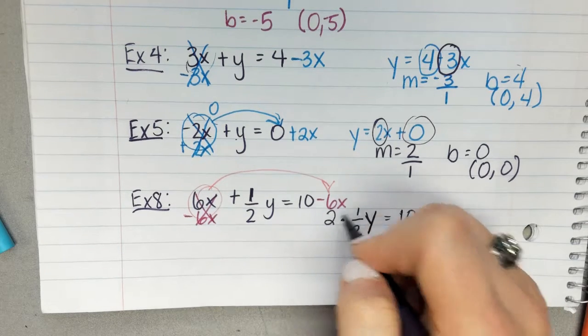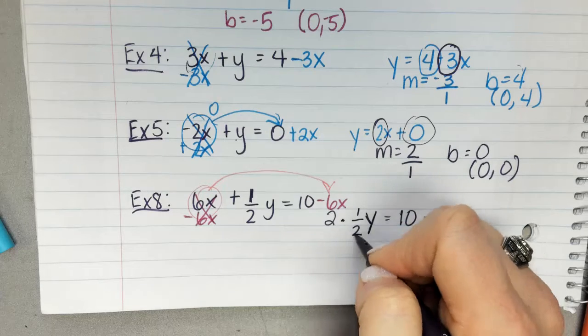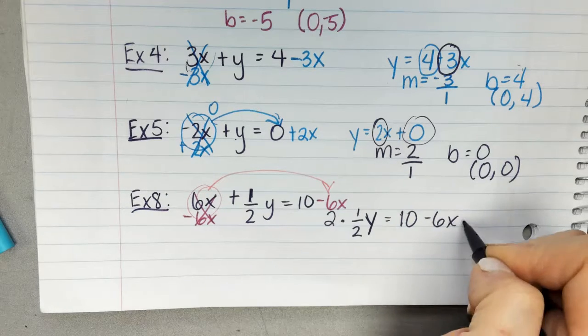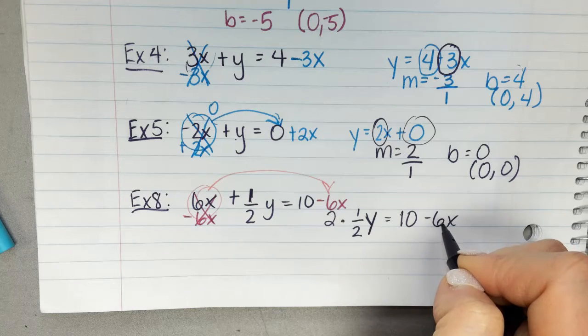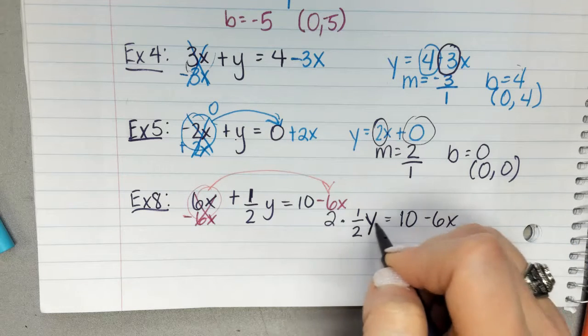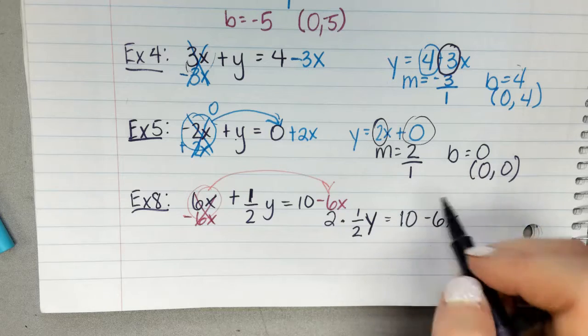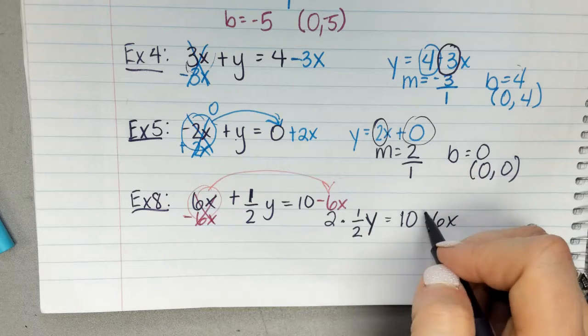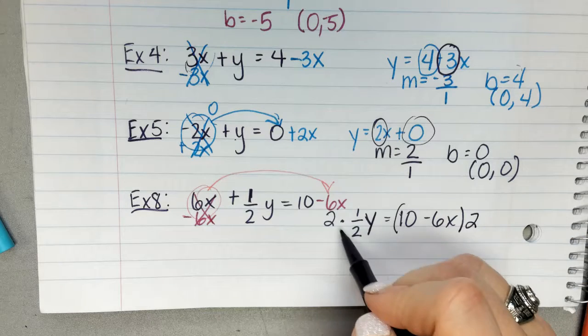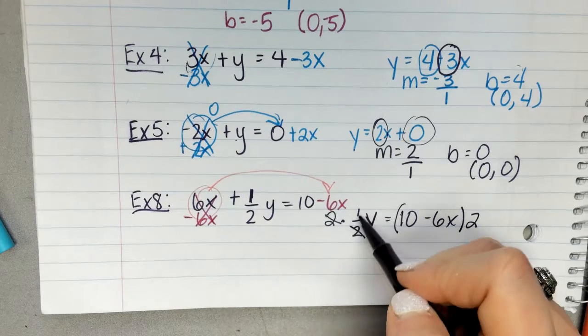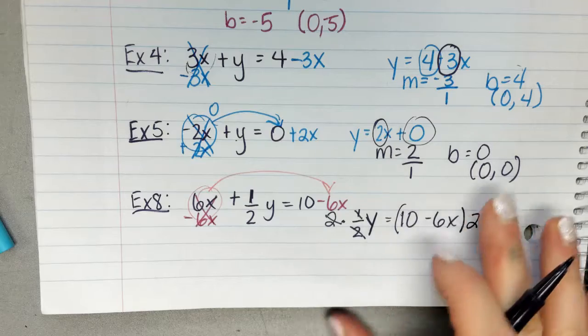Because this is a division problem here, you can multiply to get it off. So we're going to multiply this by 2. But look over here, guys. We have to multiply this whole side by 2. When we multiply this by 2, it cancels out, and we're just left with a y.